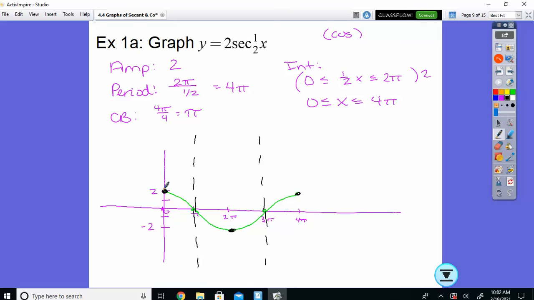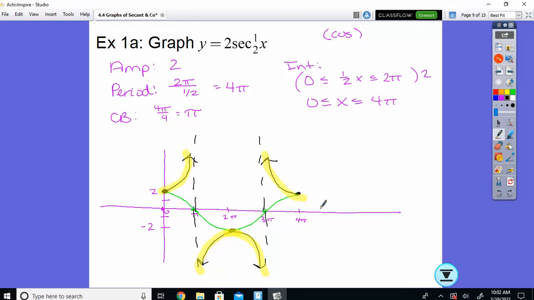And remember, it's just a curve approaching your asymptote. So it should look like this. So my answer, just so we're all clear, is just this black curve. The green one was just to help me.